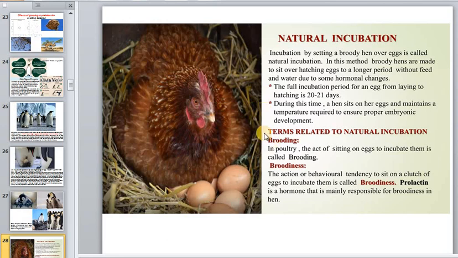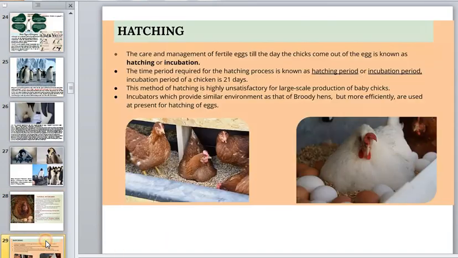And the terms for natural incubation are brooding and broodness, and here this prolactin hormone controls all this process in the brain and behavior of the animal. And here the hatching period or incubation period are almost synonyms in the books you can use.